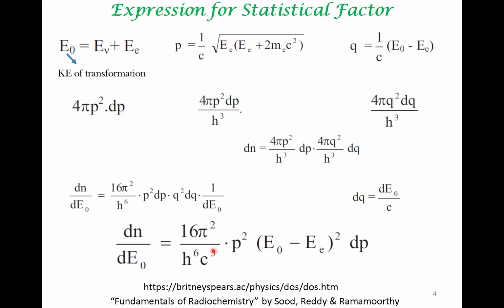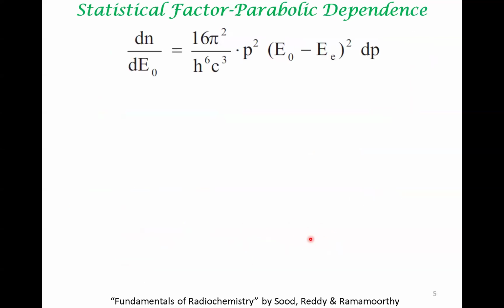Therefore, you get this expression by substituting for q from this expression, and q squared using this. Already you will get an idea how to get this parabolic relationship, because there's already this quadratic dependence. We will elaborate this further in the next few slides.